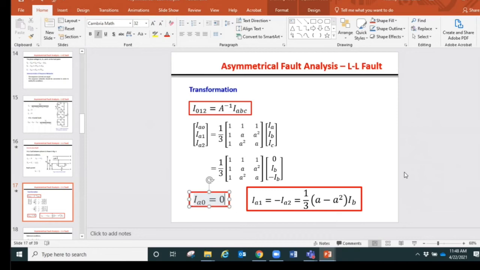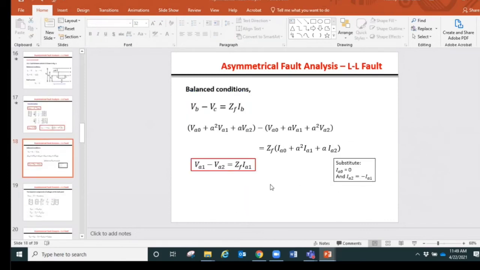But if I say Ia2 is equal to minus Ia1, they are of same magnitude, but they are flowing in opposite direction. They are connected in series, but series opposition because of that negative sign. And the expression is like this: 1/3 of A minus A squared times IB. So that A, we must remember, is that complex number operator 1 at an angle 120 degree.